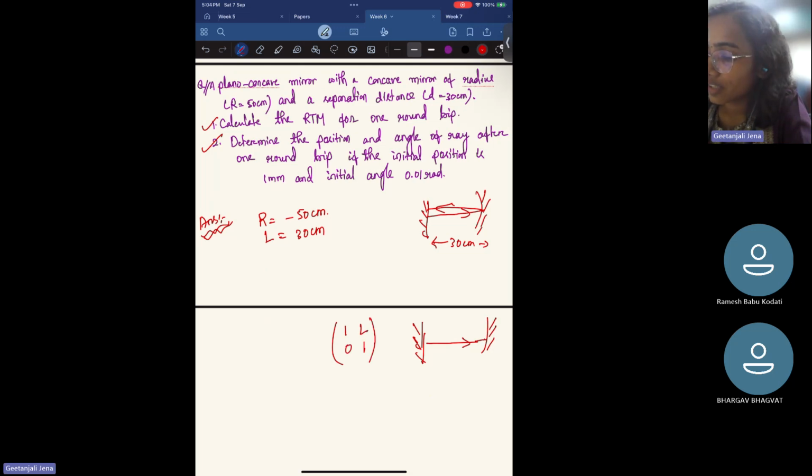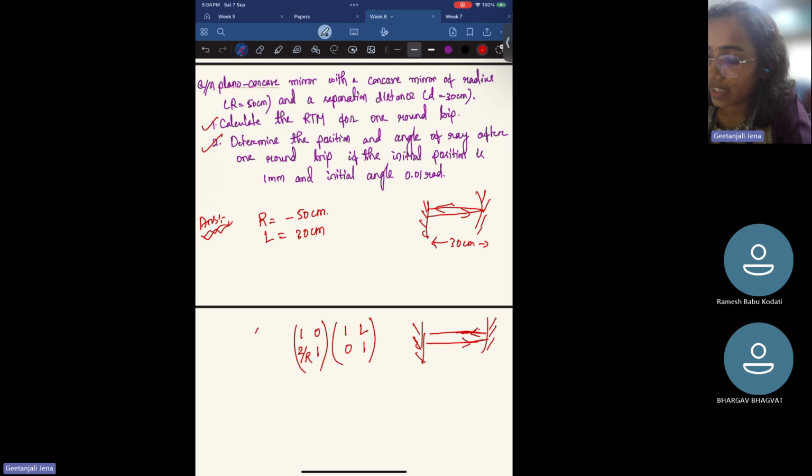Then the ray from here will be reflected towards the first mirror. So when it reaches here, it will be reflected back. So we'll have a matrix for this reflection from a spherical mirror, which is nothing but 1 0, 2 by r 1. Now after reflection, the ray will move towards this plane mirror.